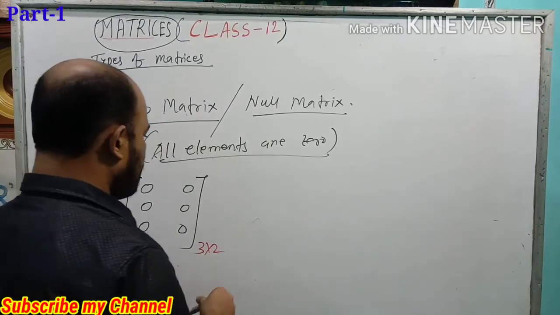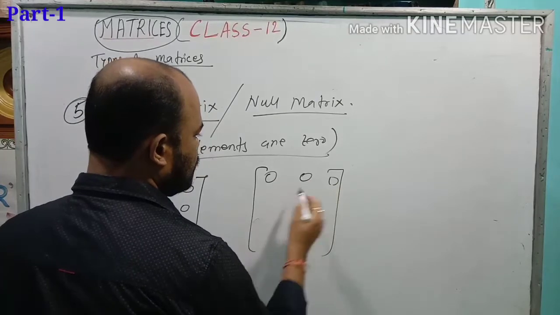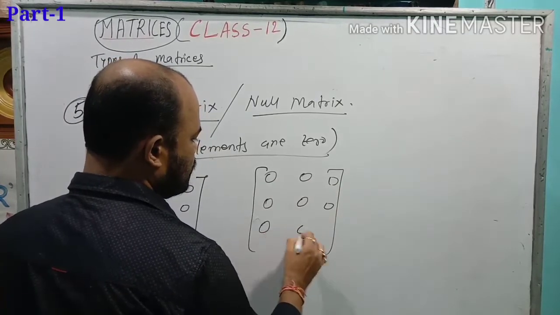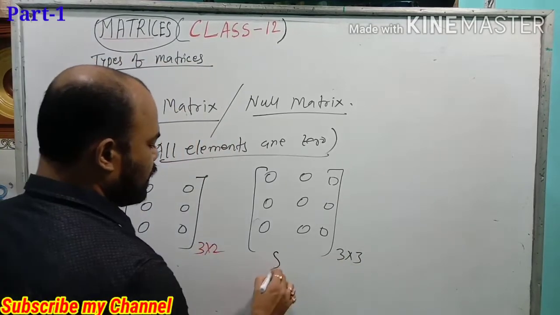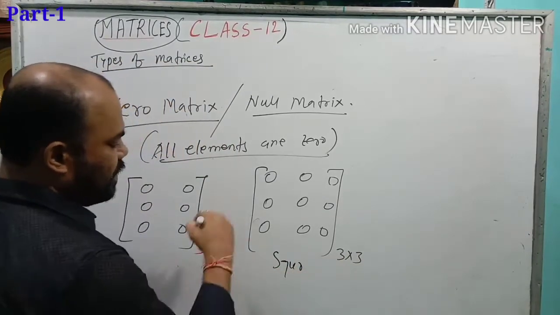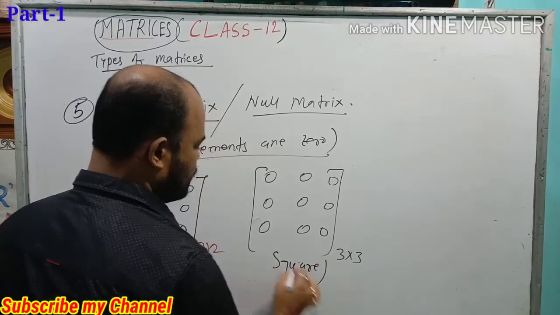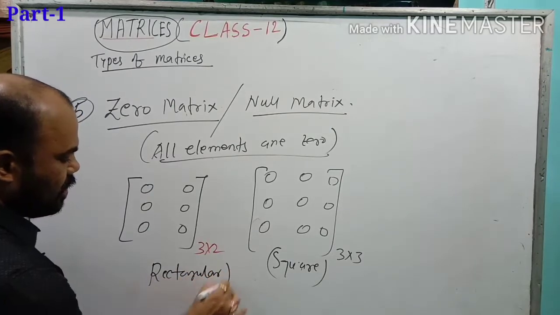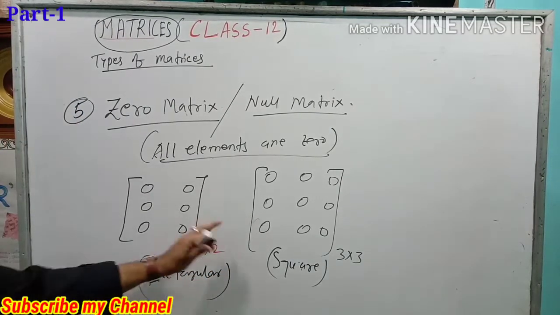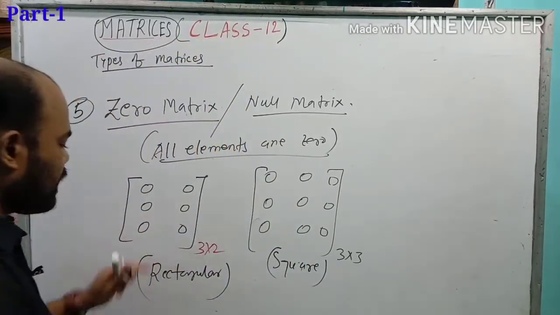Let us take another one: 0, 0, 0, 0, 0, 0, 0, 0, 0. This is of order 3 by 3. Now see, as I have defined earlier, this is a square matrix and the other is a rectangular matrix, but both are zero matrices.